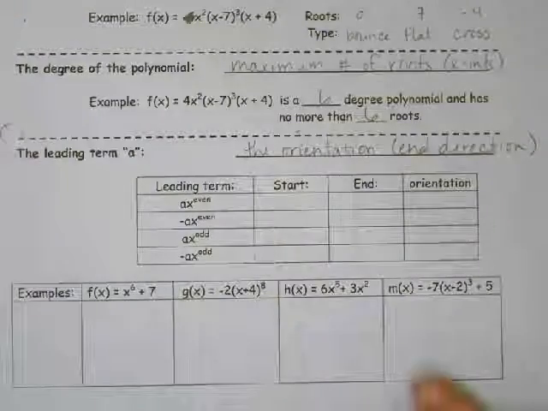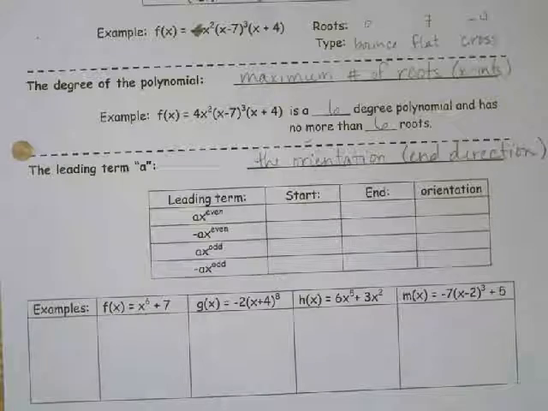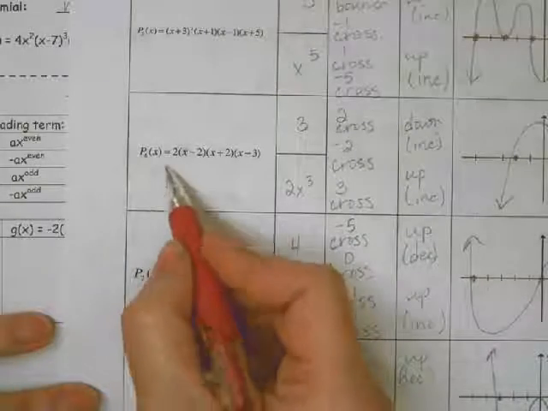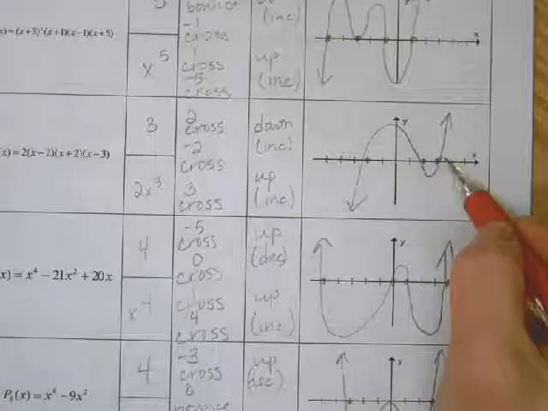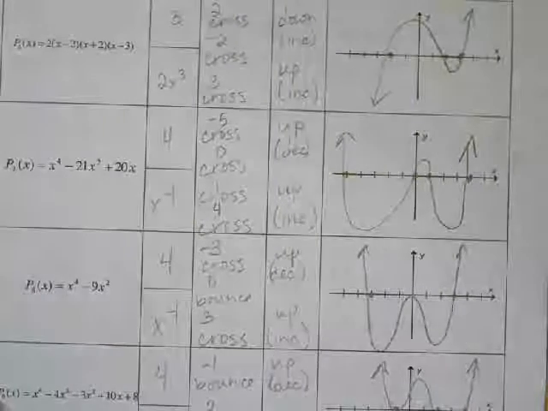So, on some of the graphs that we had last time, we had a positive number here that gave us an end direction of up. All of these on the second page actually gave us an end direction of up because our leading term was always positive.